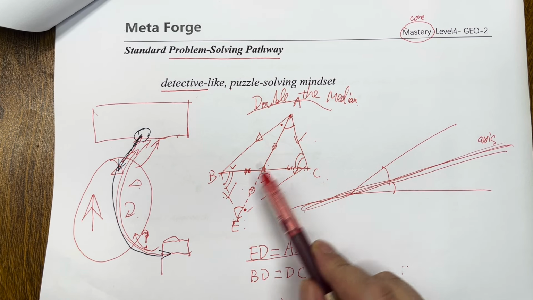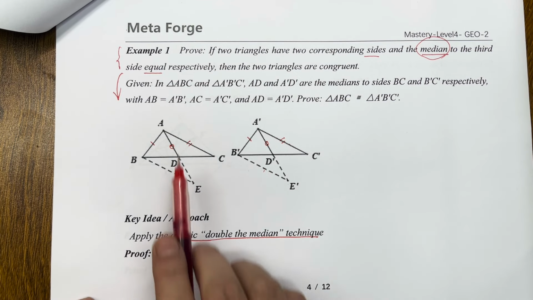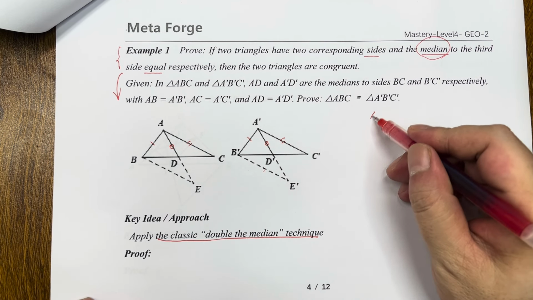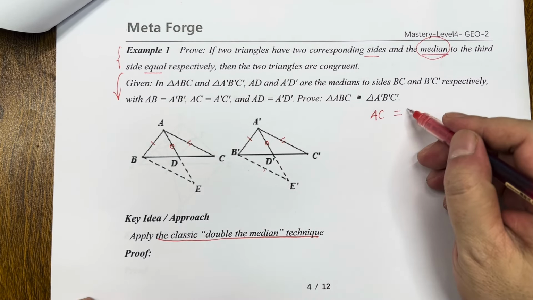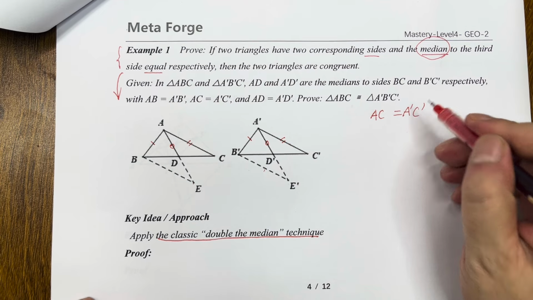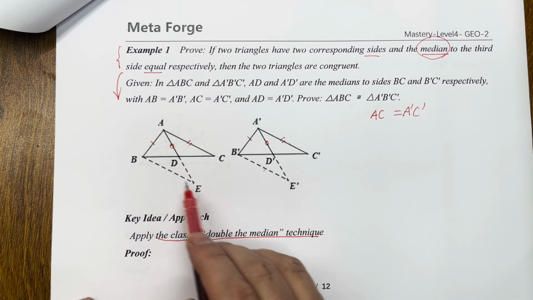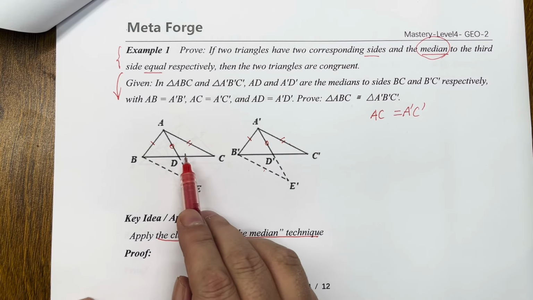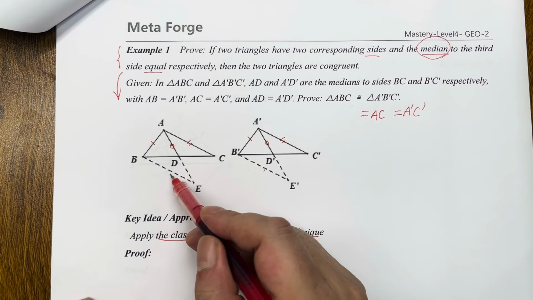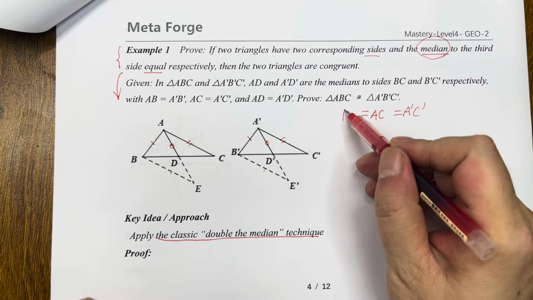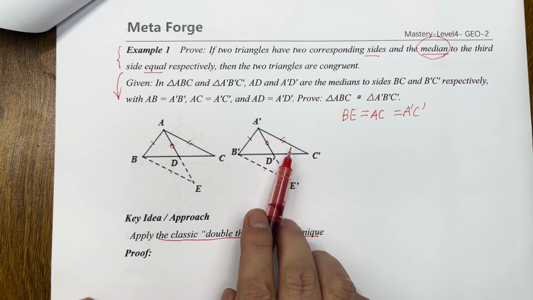the opposite sides are equal. We know AC equals A prime C prime. After doubling the median, after the parallelogram is formed, AC equals the opposite side BE.